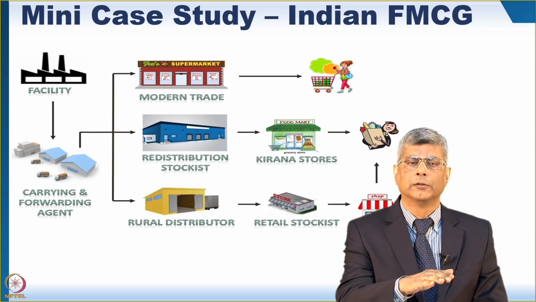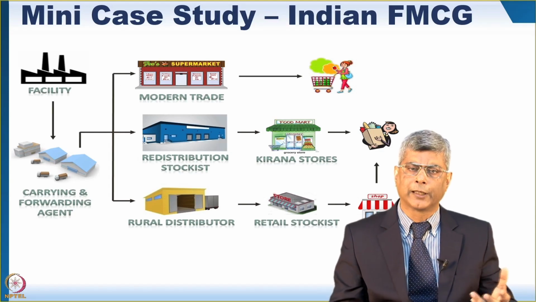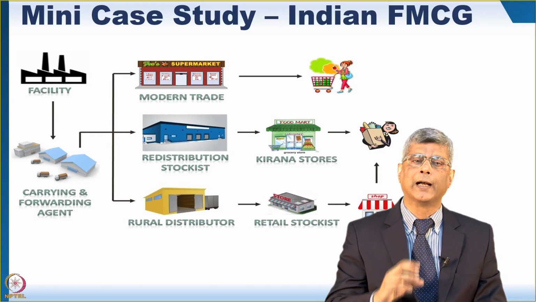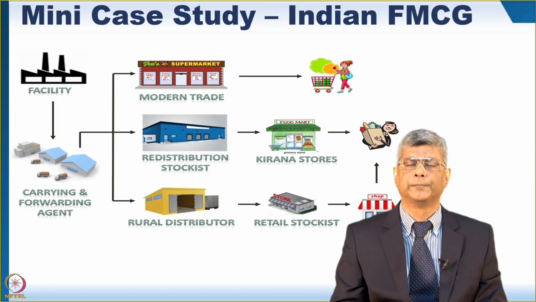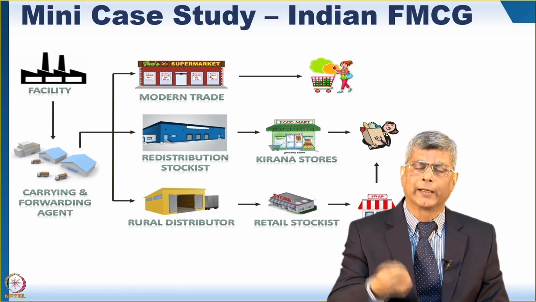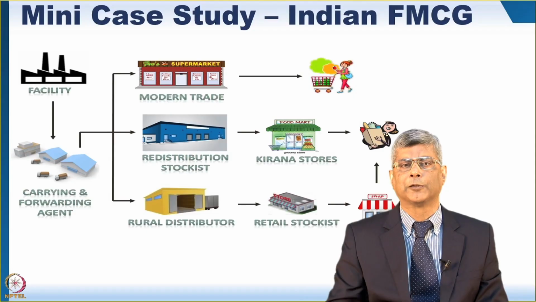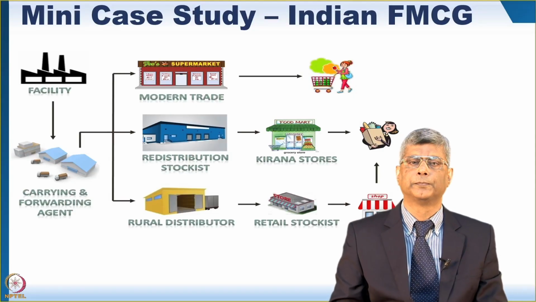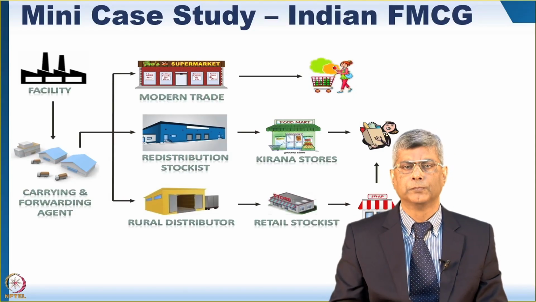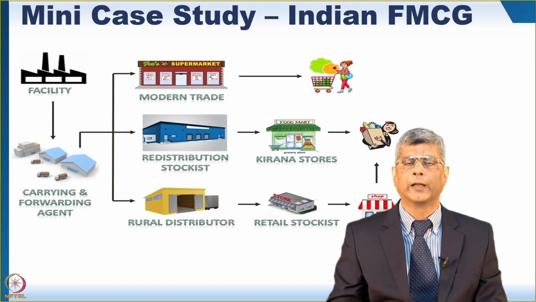From those carrying and forwarding agents or the company warehouses, it will move to different kinds of trade formats, from where a consumer such as you can buy the packet of biscuit or the deodorant or a pen or paper. And I'll show you some examples in a minute.